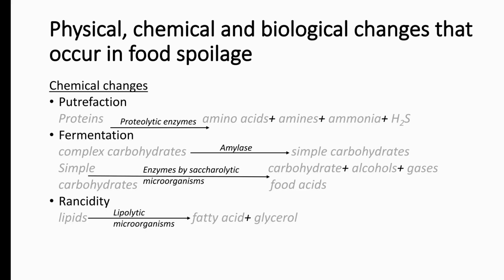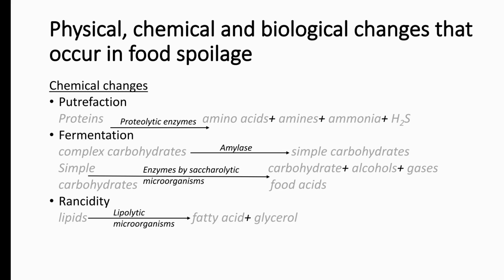Some of the major chemical changes occurring during food spoilage are putrefaction, fermentation and rancidity. These chemical changes occur as a result of the activity of extracellular enzymes secreted by microorganisms onto food. So during putrefaction, the proteolytic enzymes convert proteins into amino acids, amines, ammonia and hydrogen sulfide.